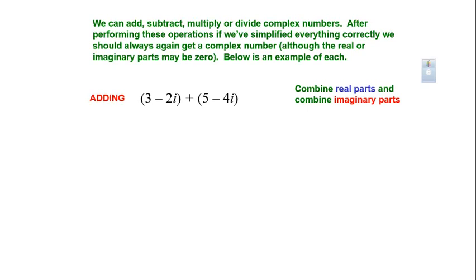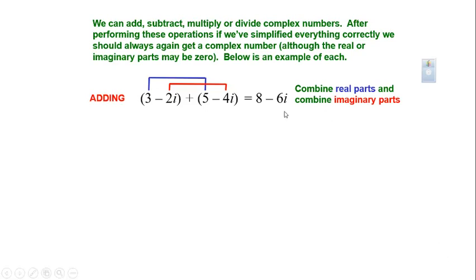So when we're adding these numbers, we add the real parts together, 3 plus 5, and the imaginary parts together, negative 2i plus negative 4i. So 3 plus 5 is 8, and negative 2i plus negative 4i is negative 6i. And this is now in standard form.